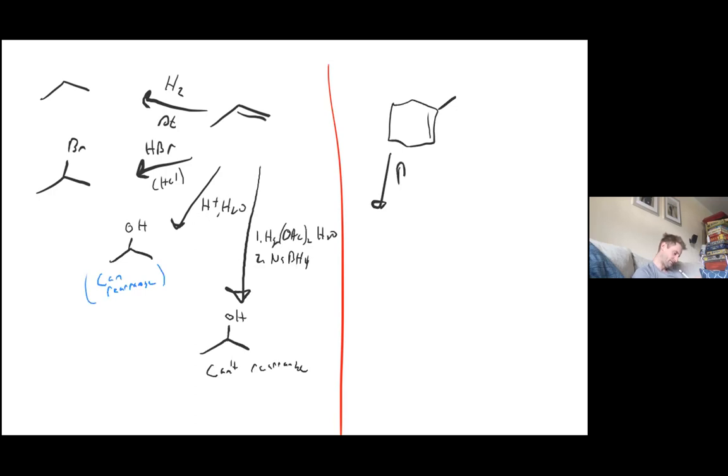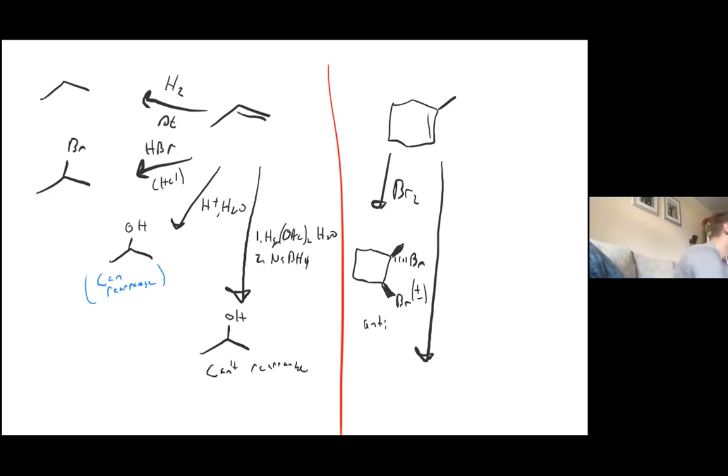If we add in Br2, we can dibrominate. Adding in our peroxy acid, followed by H3O plus.